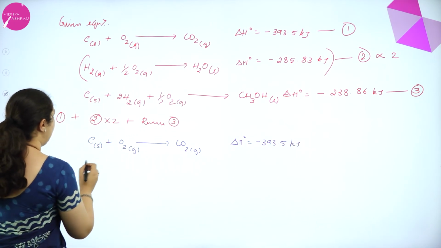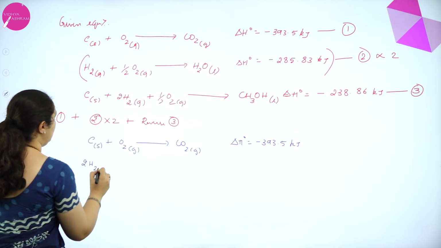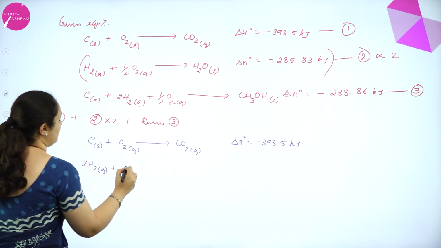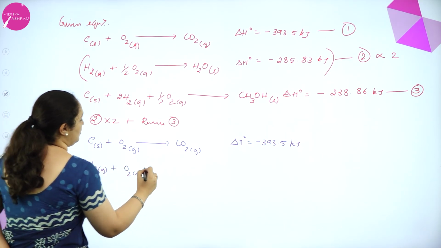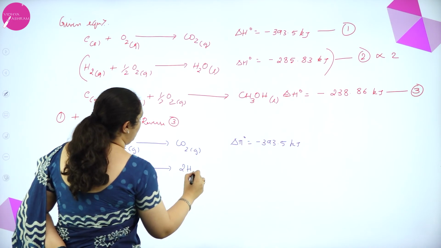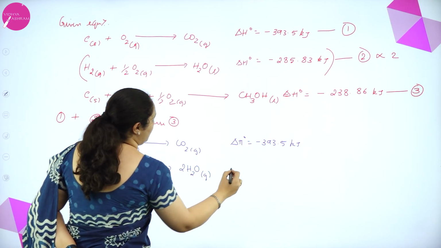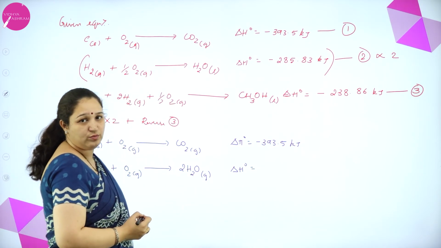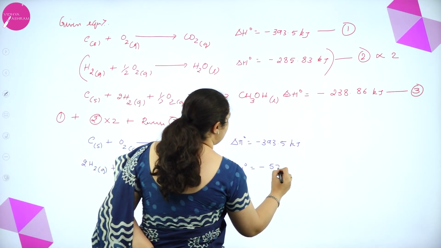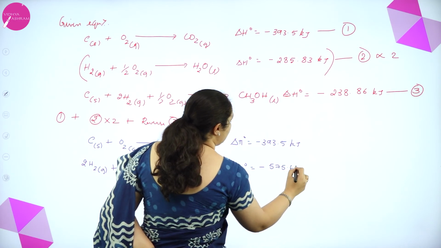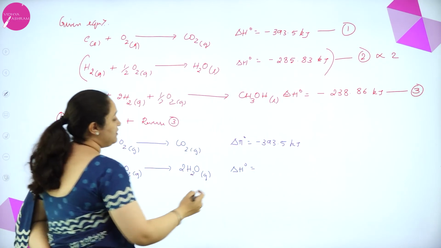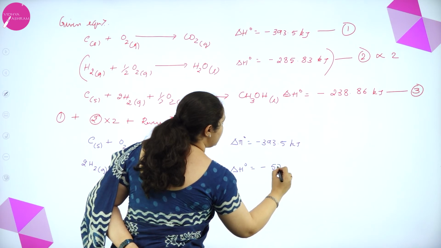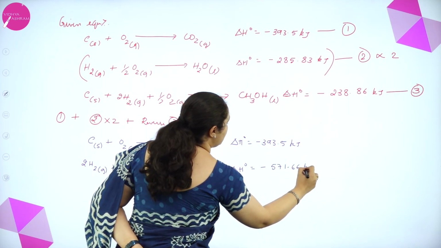Equation 2, when I multiply by 2, I will get 2H2 plus O2 giving 2H2O, and delta H naught, multiplied by 2, is equal to minus 571.66 kilojoules.